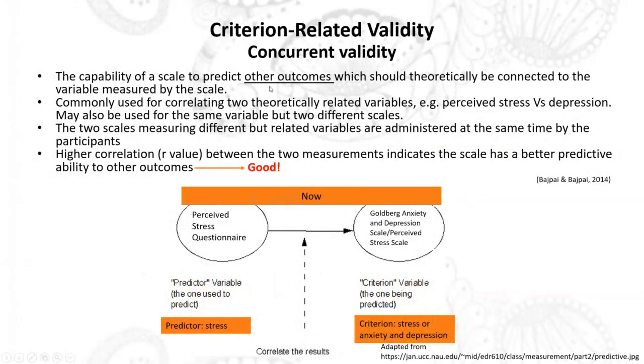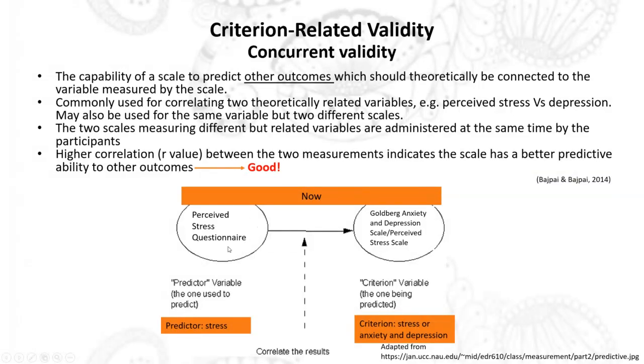For concurrent validity, we want the scales to be able to predict something at present, but not in the future. We call it concurrent. Concurrent is the same time. In this diagram, you see, I recruit a group of nursing students again, and I have a perceived stress questionnaire. It's a new scale.